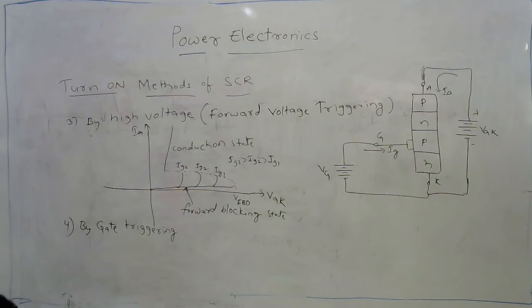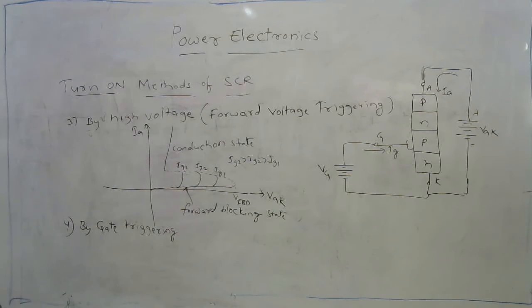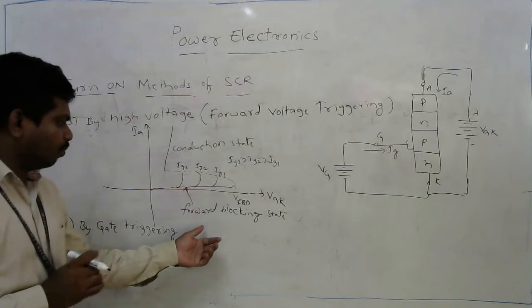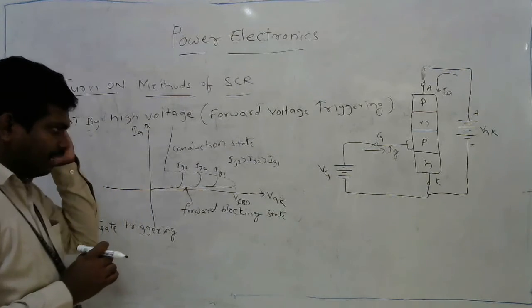Okay. So by gate triggering, it's very easy to make the SCR go into on state, and it helps to reduce the forward breakover voltage also.